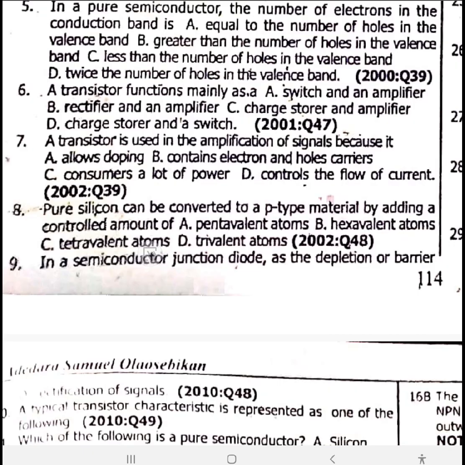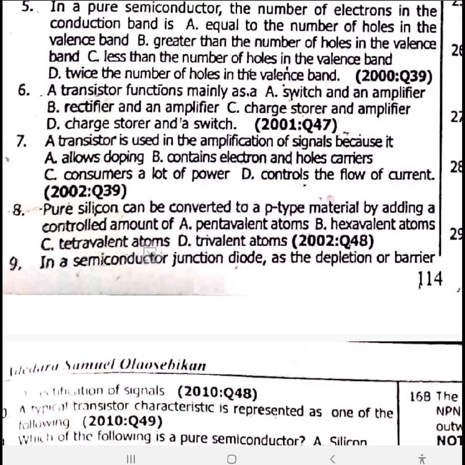Write this. To produce a p-type material, trivalent atoms, e.g. boron and indium, are used for doping.